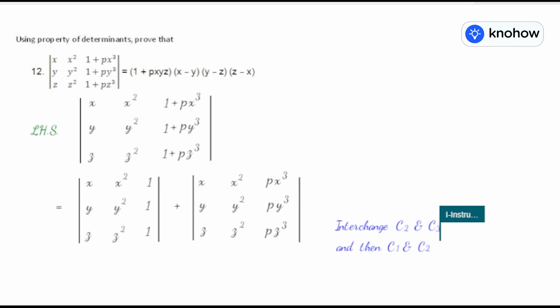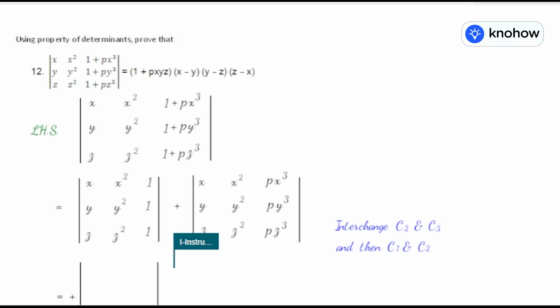So you will get minus and minus, plus, because you are making two interchanges. If you interchange any two rows or columns, the value of the determinant changes sign. Because we are making two interchanges, it becomes minus and minus, plus.